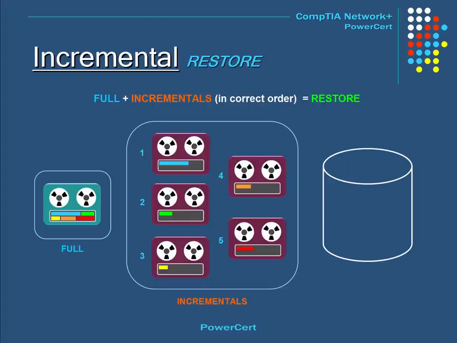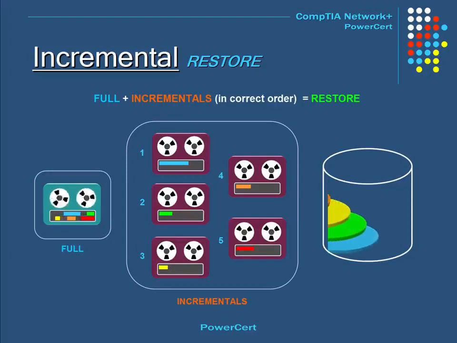When you have to restore an incremental backup, you have to restore the full backup along with the incremental backups, and you have to restore the incrementals in the same order as you back them up. So for example, here we have a full backup tape and a week's worth of incremental backups.